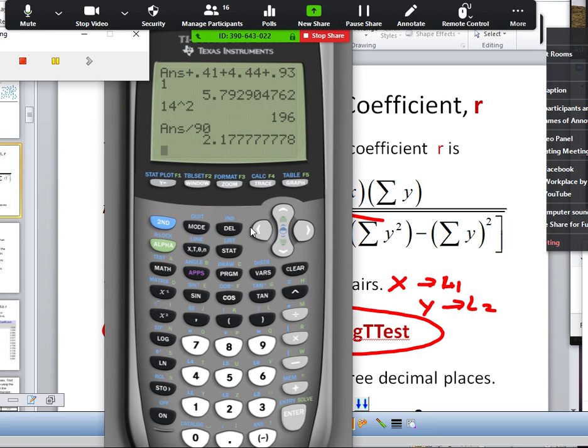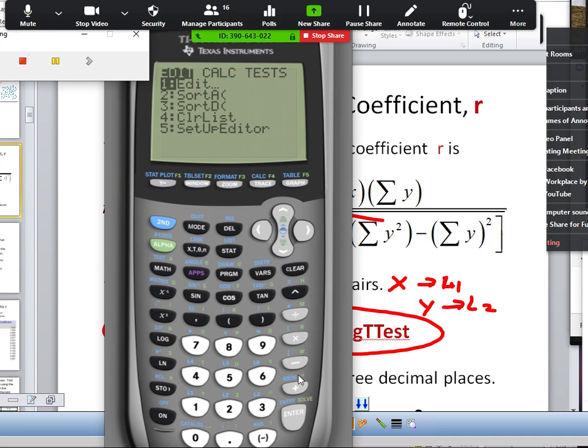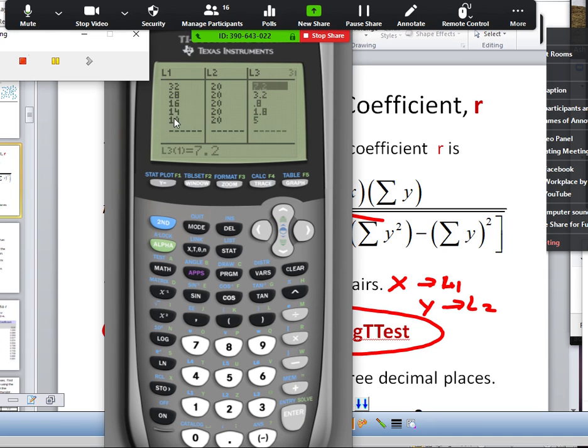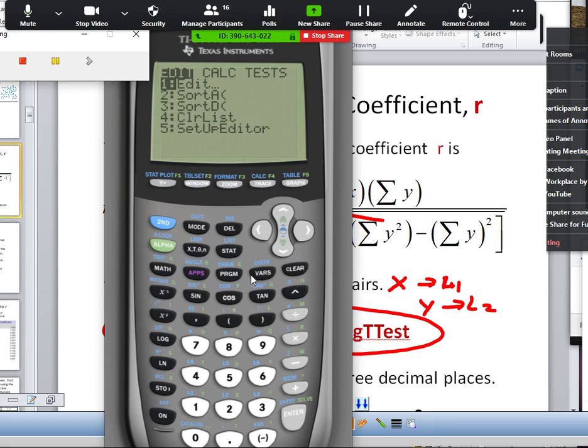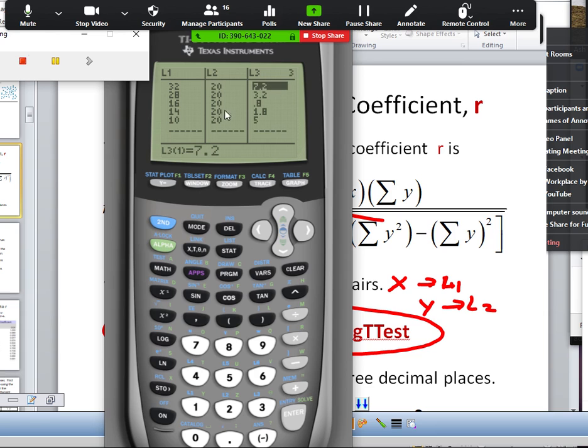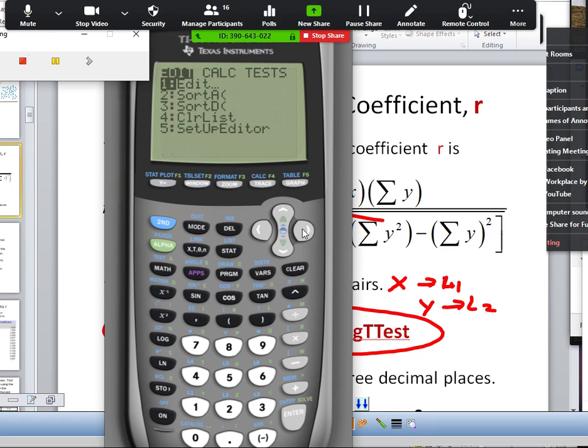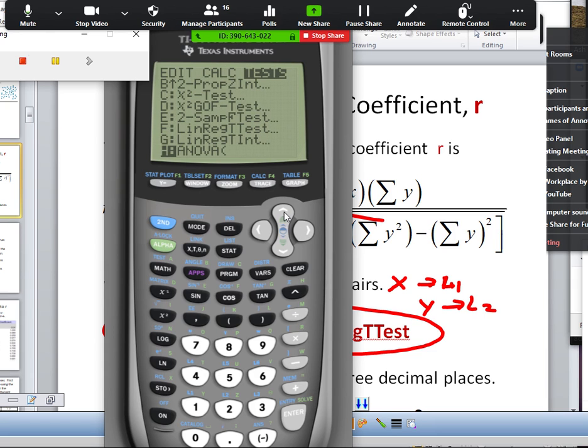Let's try it. So here I'm going to go stat edit. I've got some data in there. It doesn't really matter what my data is. And then I'm going to do stat. So for you guys, again, you're going to put your x's into list 1 and your y's into list 2. And then you're going to do stat test and then arrow up, because Lin-Reg t-test is at the bottom, so it's easier to get there by going up.